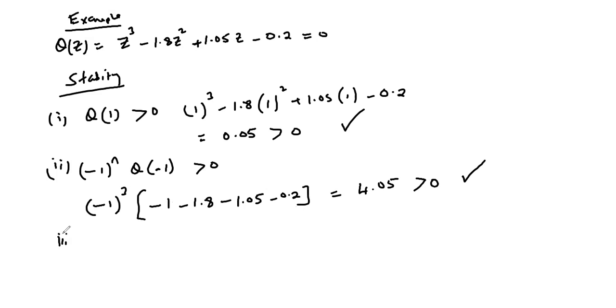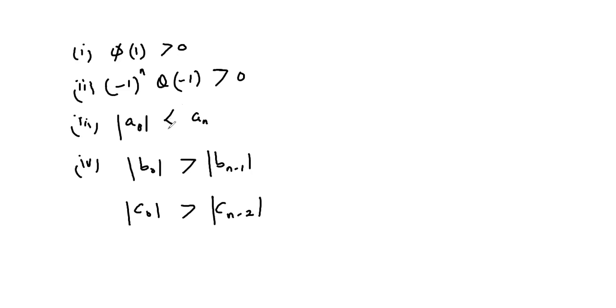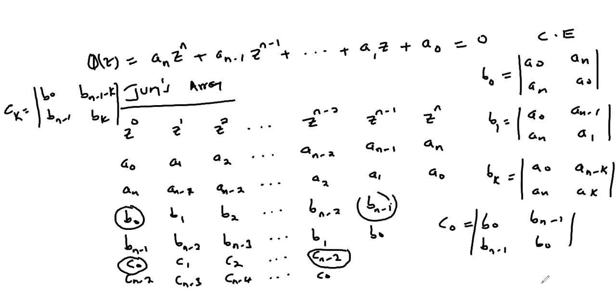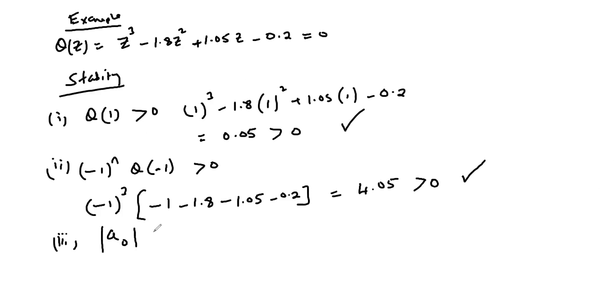Condition number 3 is that our A0 magnitude must be less than An.